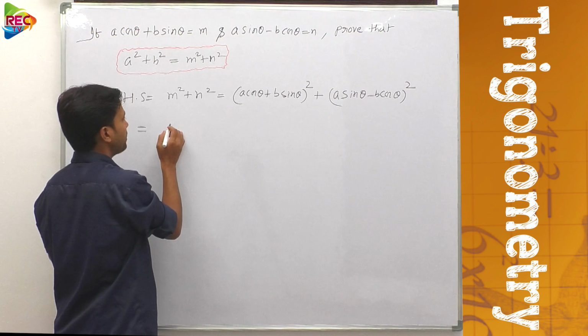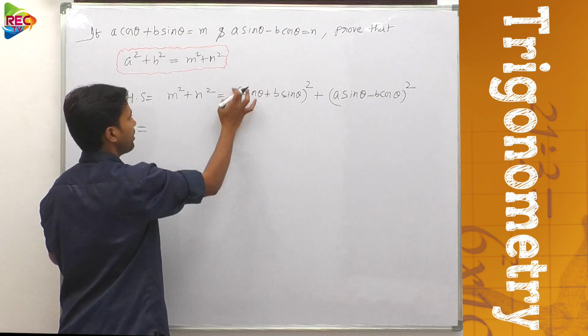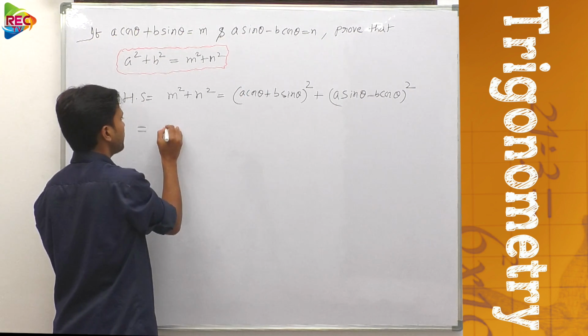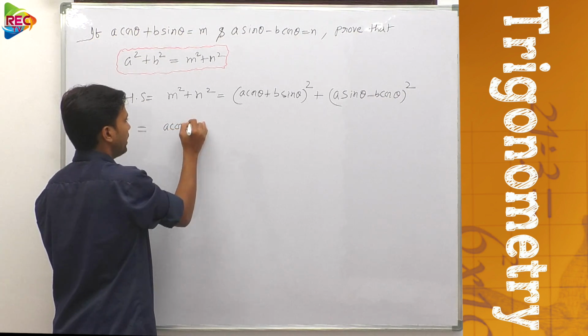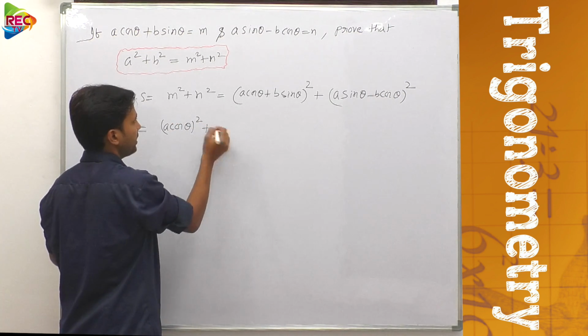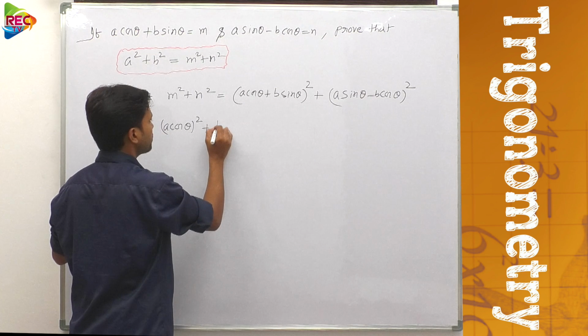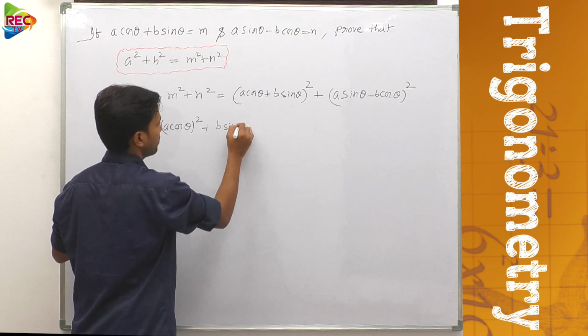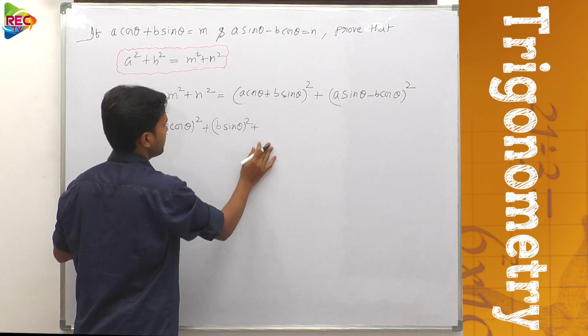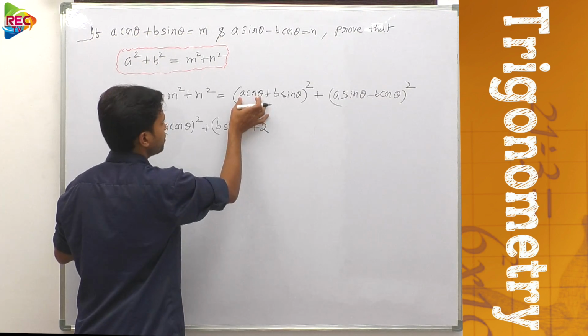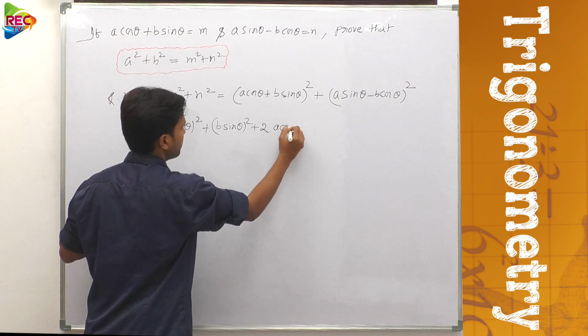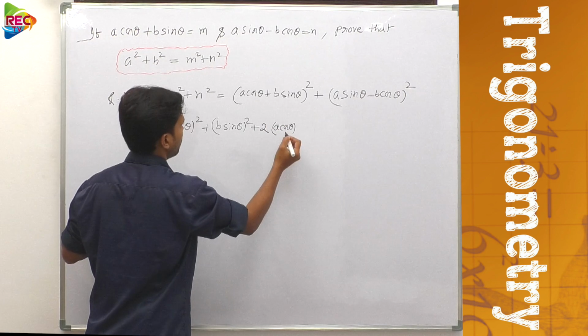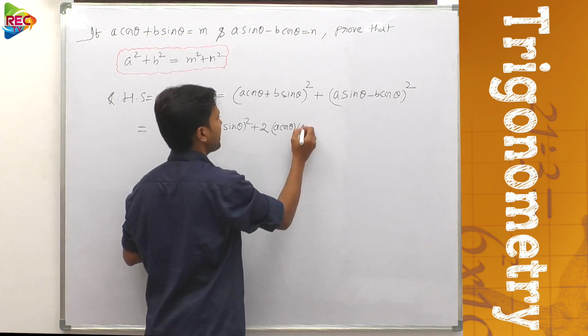Now how do we do the expansion for this? a square means here a cos theta whole square, plus b square means b sin theta whole square, plus 2ab means 2 into a cos theta into b sin theta.